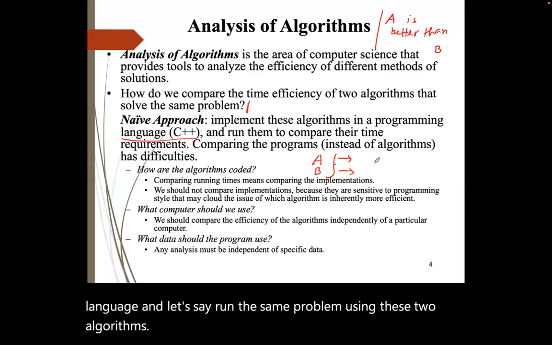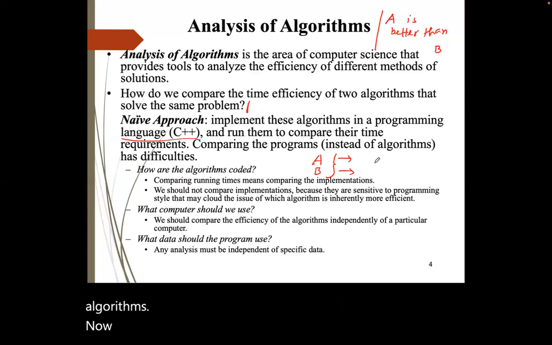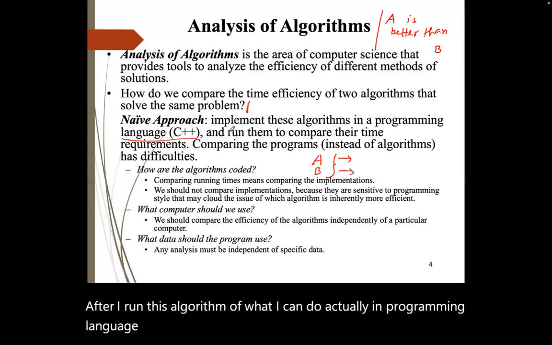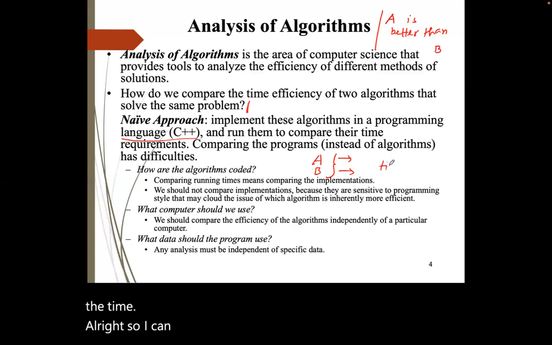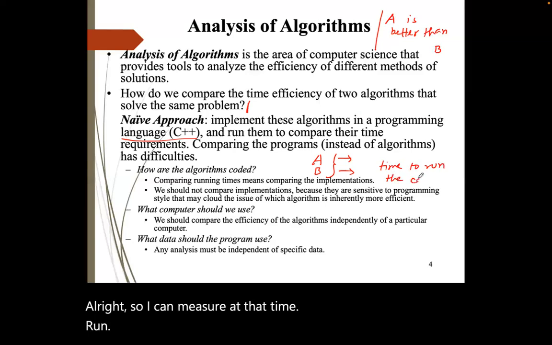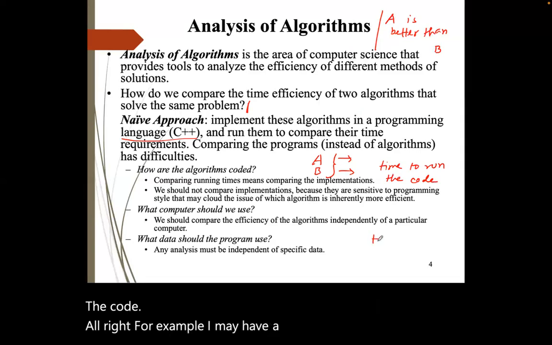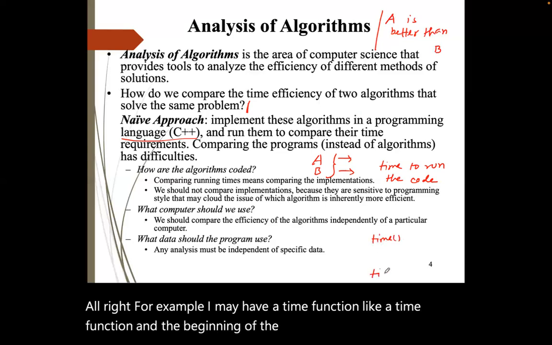Now, after I run this algorithm, in the programming language C++ there are also some functions by which I can measure the time. So I can measure the time to run the code. For example, I may have a time function at the beginning of the program, and at the end of the program I may have another time function.